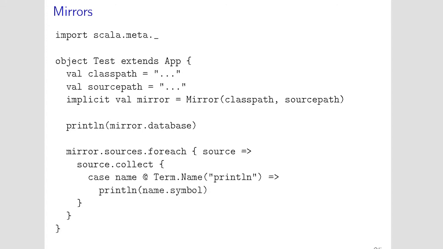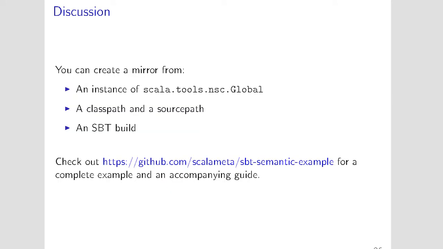Basically you create a mirror from a classpath, because as you remember, the semantic database is stored next to class files, and the source path, which is essentially the files that are provided to the Scala compiler invocation. And after you've done all that, you can do the low-level style, you can do the high-level style, so it's all up to you. Really, really thin layer of logic over the foundational technology of the semantic DB.